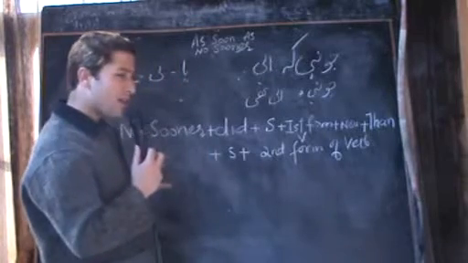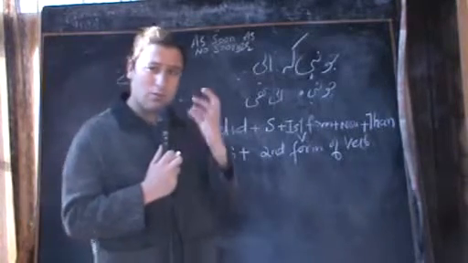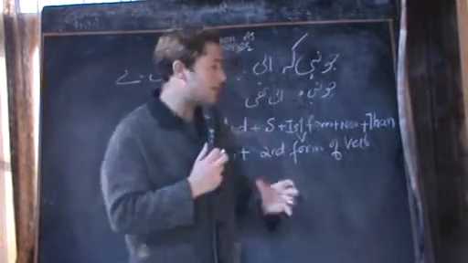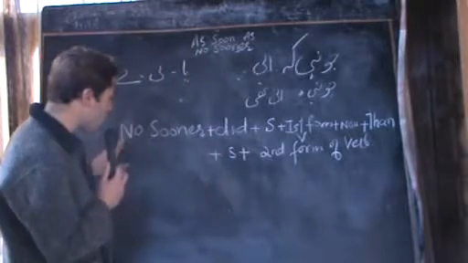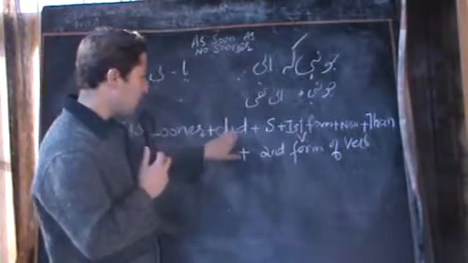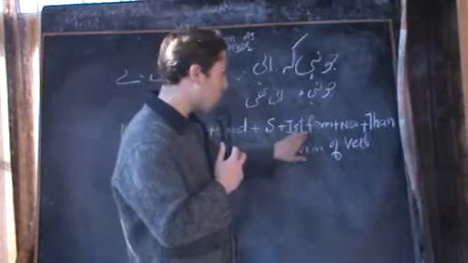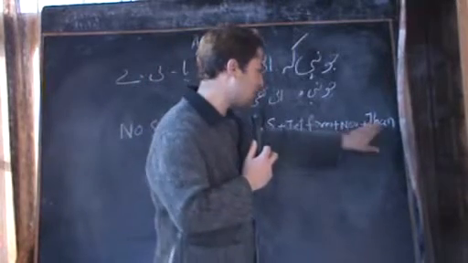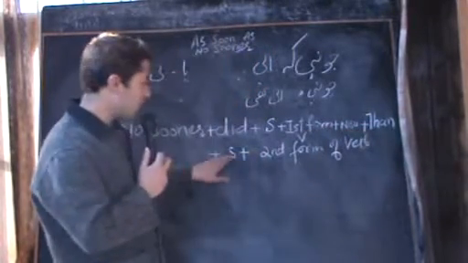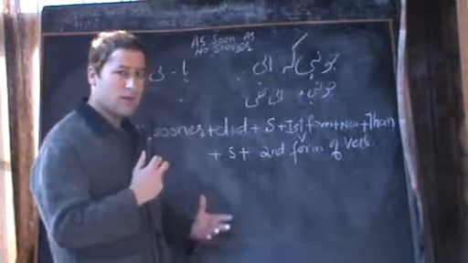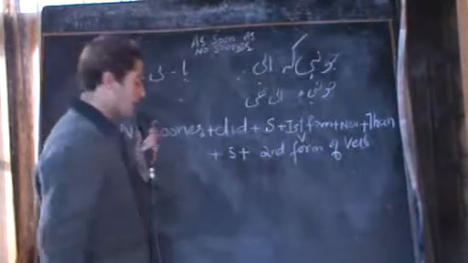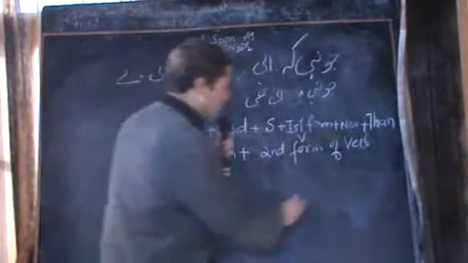This is not the only way. So the first formula is no sooner, then did, then subject, then first form of verb, then another noun, then the subject, and the second form of verb. So we will see how to translate, and we will take an example.